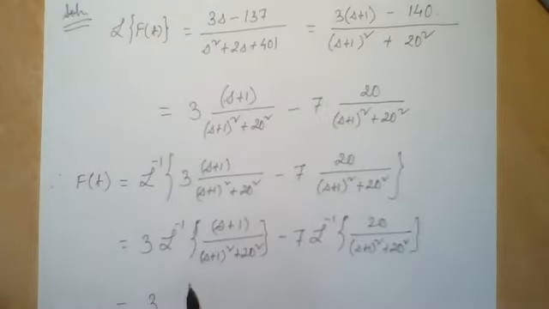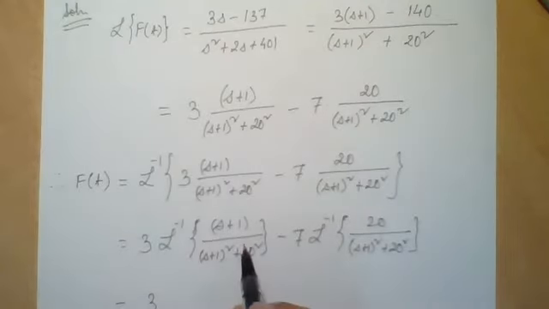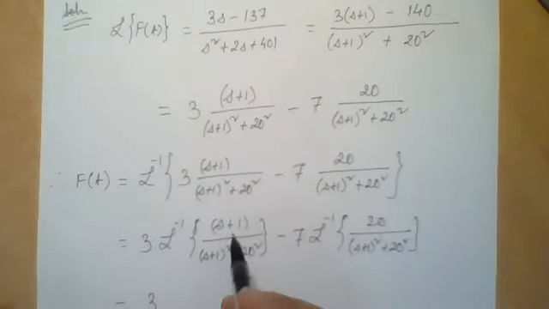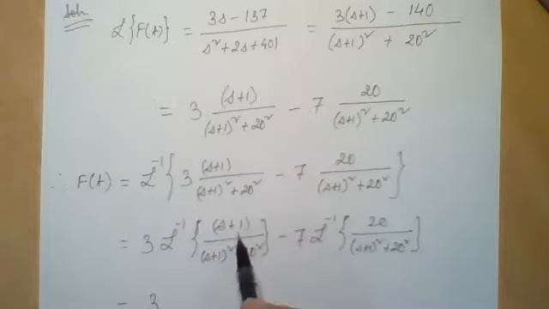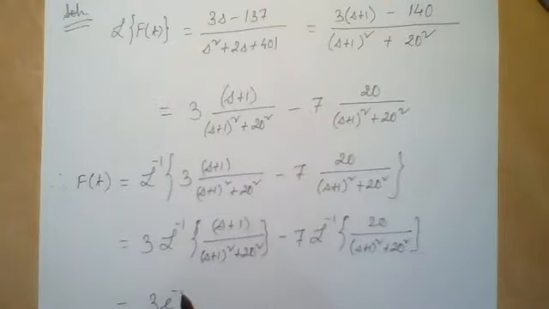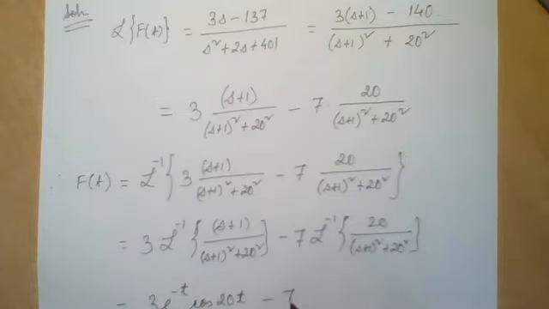The inverse Laplace transform of the first is of the form cos omega t, where omega is 20, then we have a shifting by an amount e to the power minus t. So this is e to the power minus t cos of 20t, minus 7 times.